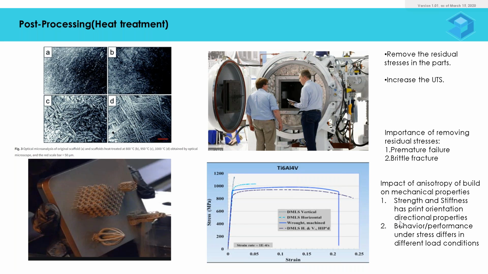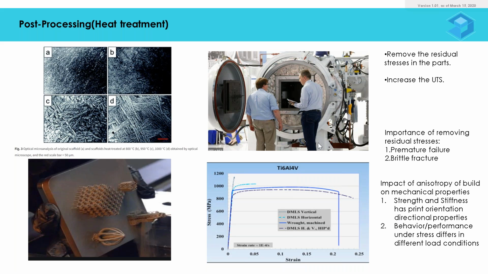Anisotropic properties will have a different stiffness or strength in specific orientations, and the behavior under load conditions can be erratic. So that's why we have to make a uniform behavior, and that's why the heat treatments are recommended.